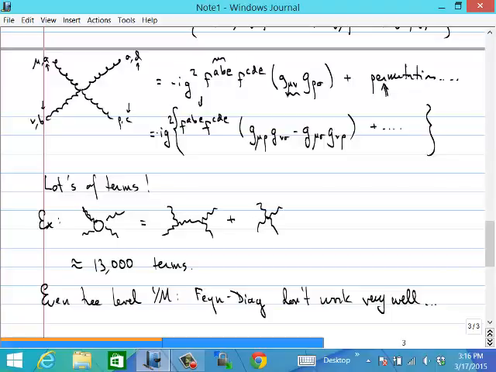So, there are ways of reorganizing the Feynman diagram expansion, even at tree level, which replace these thousands of terms, or in many cases millions or billions of terms, by one term or two terms or three terms. And this sometimes goes under the name of the spinor helicity techniques in Yang-Mills scattering amplitudes.